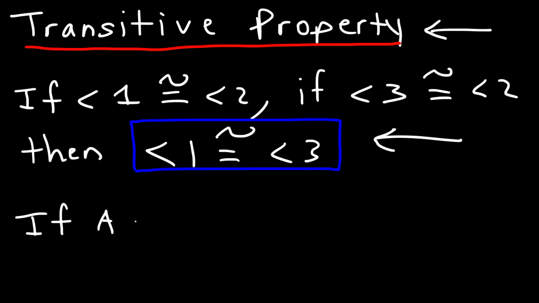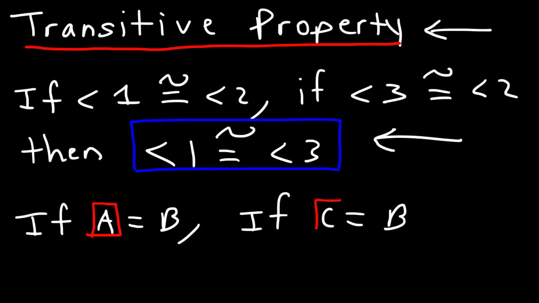So you can say that if A is equal to B and if C is equal to B, then that means that A has to equal C. So we can write then A is equal to C. And that's the basic idea behind the transitive property. So that's something else that you want to add to your notes.